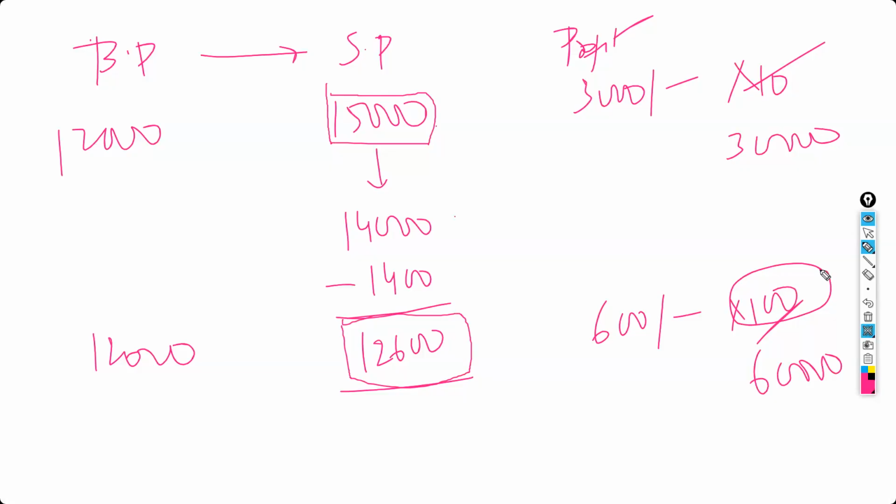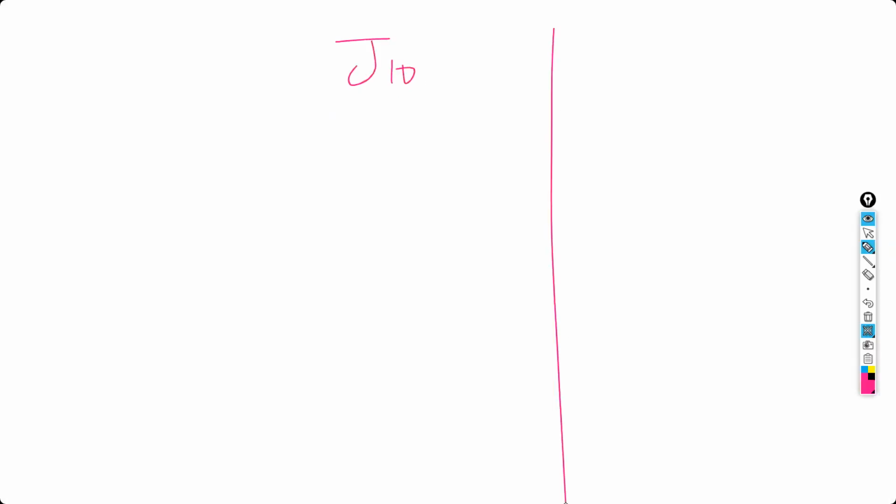The same logic was applied even by Jio. Initially, when Jio wanted to enter the market, we already had Airtel, Vodafone, Idea, BSNL, and Tata Docomo, with multiple services like this.